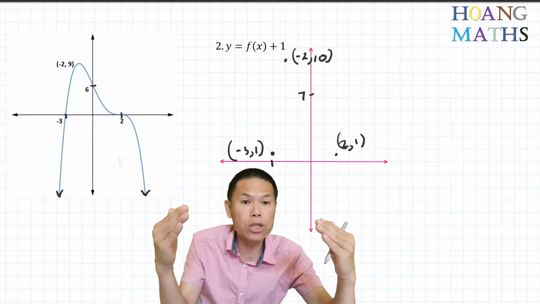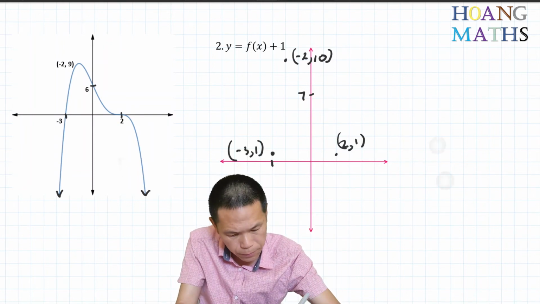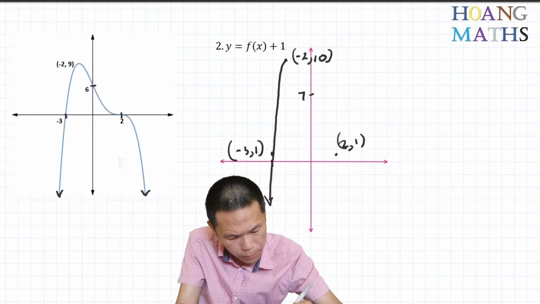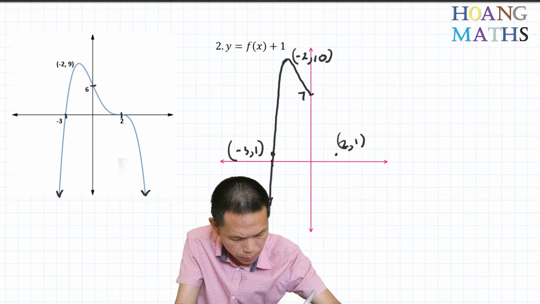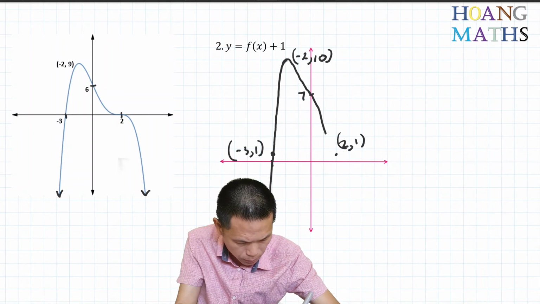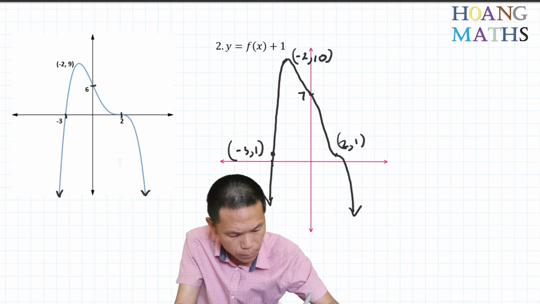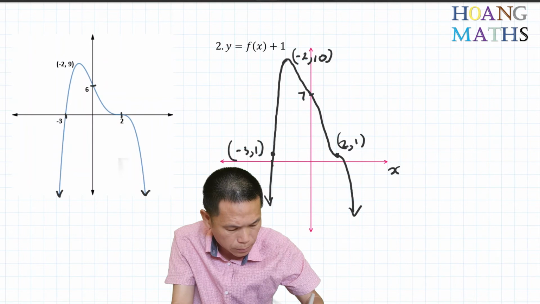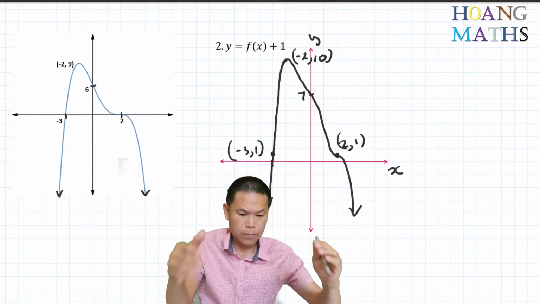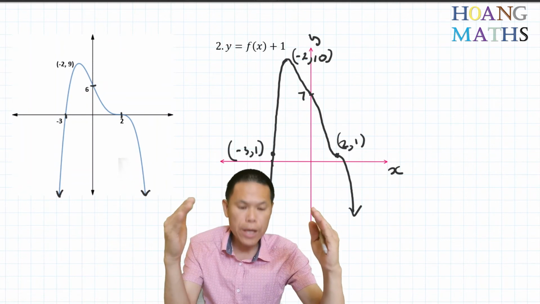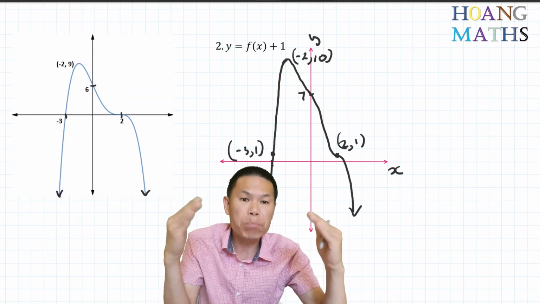And now I just join these points together. There you go. So f of x plus 1.